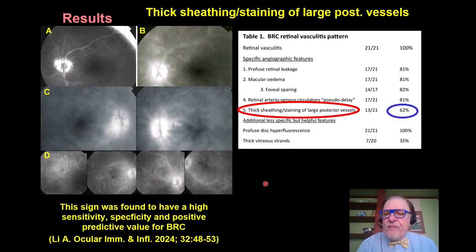And this occurred in 62% of our cases. This sign was found to have a high sensitivity and specificity, as well as a positive predictive value for birdshot in a study performed in 2024 by Dr. Lee in the United States.